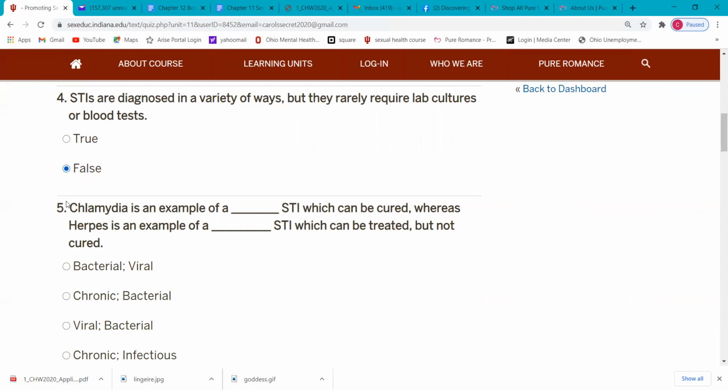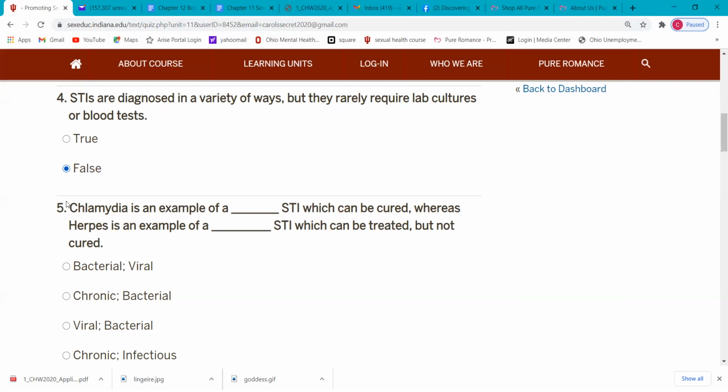Okay, number 5, chlamydia is an example of blank STI, which can be cured, whereas herpes is an example of what kind of STI, which cannot be cured. This is going to be the first one, bacterial and viral.